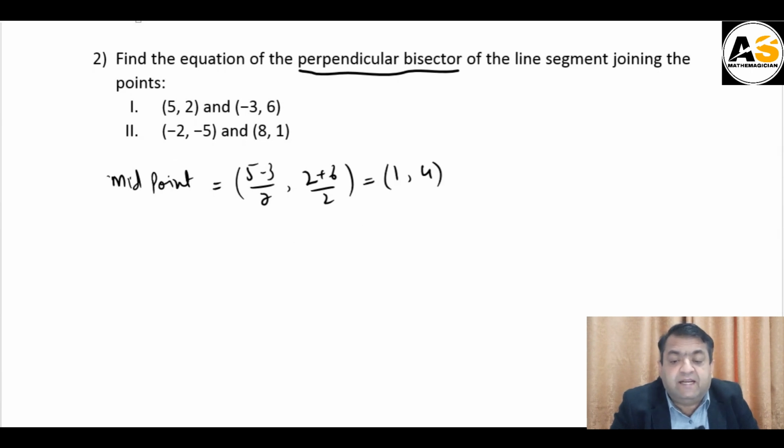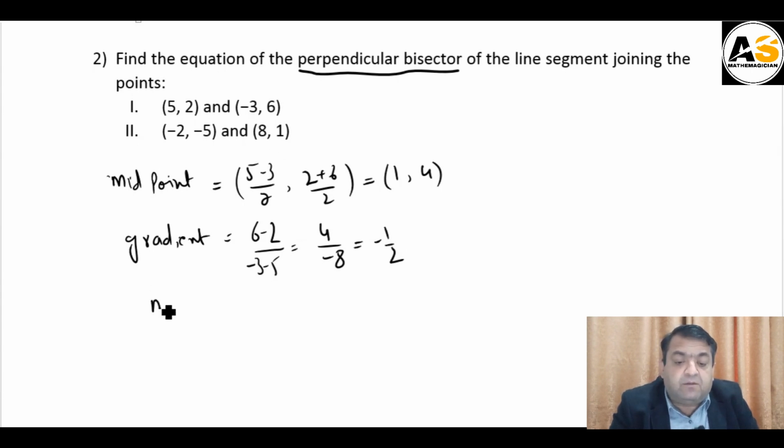And what is the gradient of the given 2 points? Gradient will be y2 minus y1 over x2 minus x1, which is minus 3 minus 5 over this, so 4 over minus 8, which is minus 1 by 2. This is the gradient of the line joining these 2 points. So what will be the gradient of the perpendicular bisector?